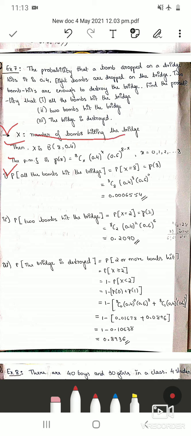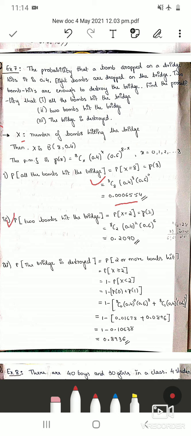Here x is the number of bombs hitting the bridge, so if all bombs hit the bridge, then x will be 8. So we have to calculate P of 8. In place of x substitute 8 and find the combination. Simplifying, you will get probability of x equal to 8 is 0.0006554. You can approximate up to 4 digits.